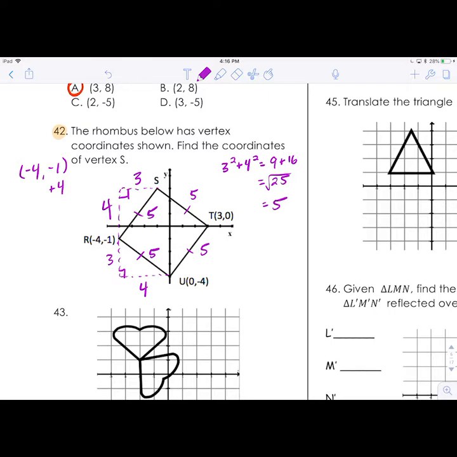And if I go to the right 3, that's a change in the x. So my coordinate point for S has to be -1, +3. And that's what it looks like right there. All right, so there we go. That's number 42.